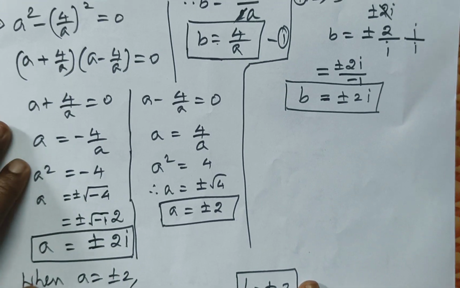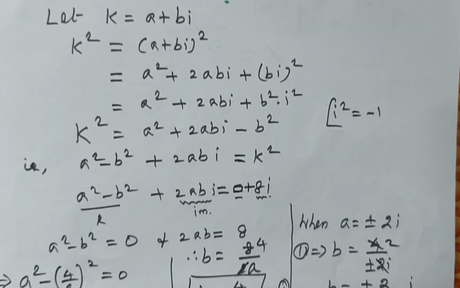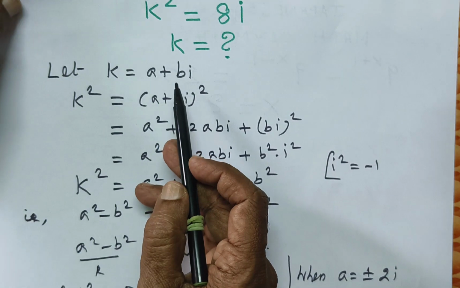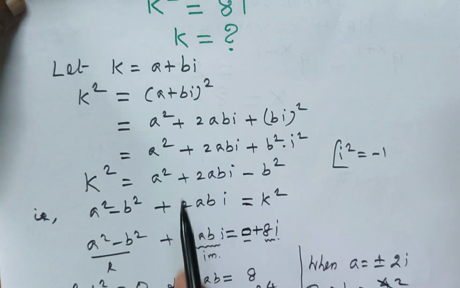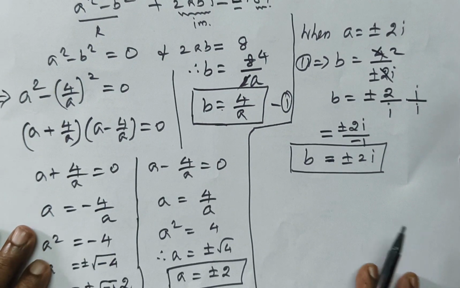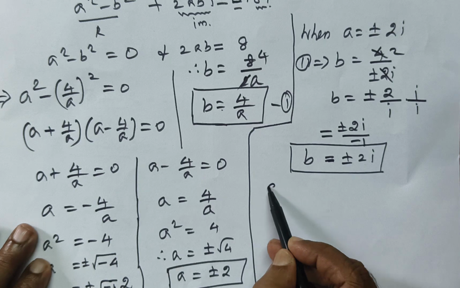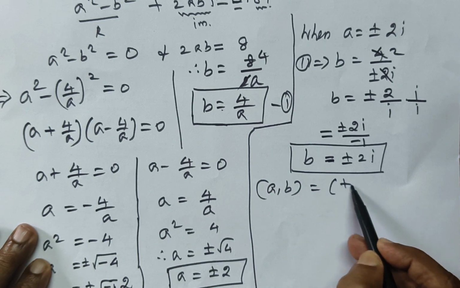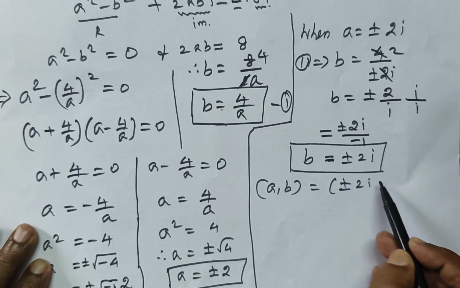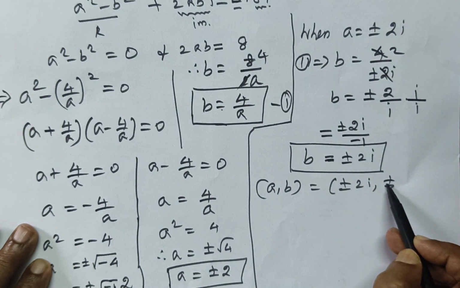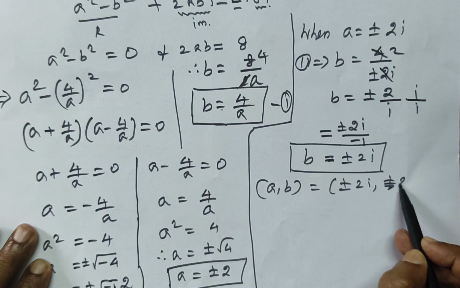Therefore, k is equal to a plus bi. When a comma b is plus or minus 2i, a is plus or minus 2i, b is also plus or minus 2i.